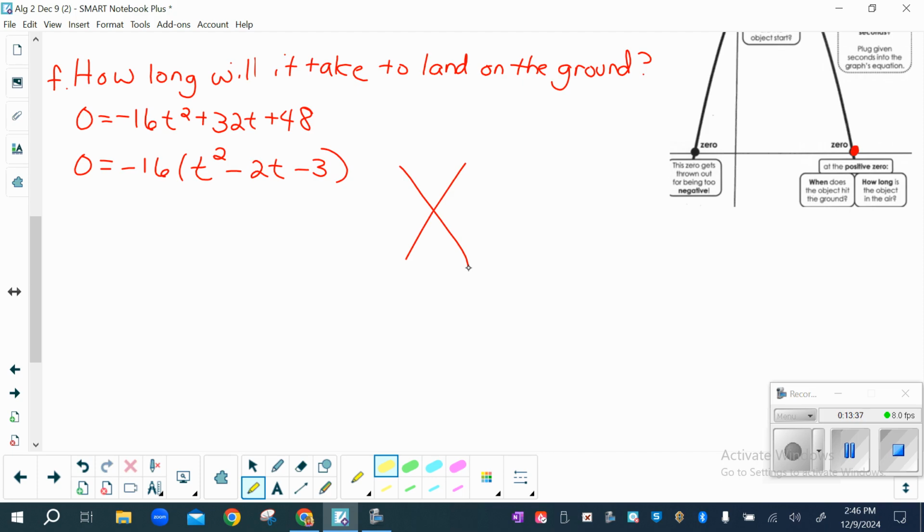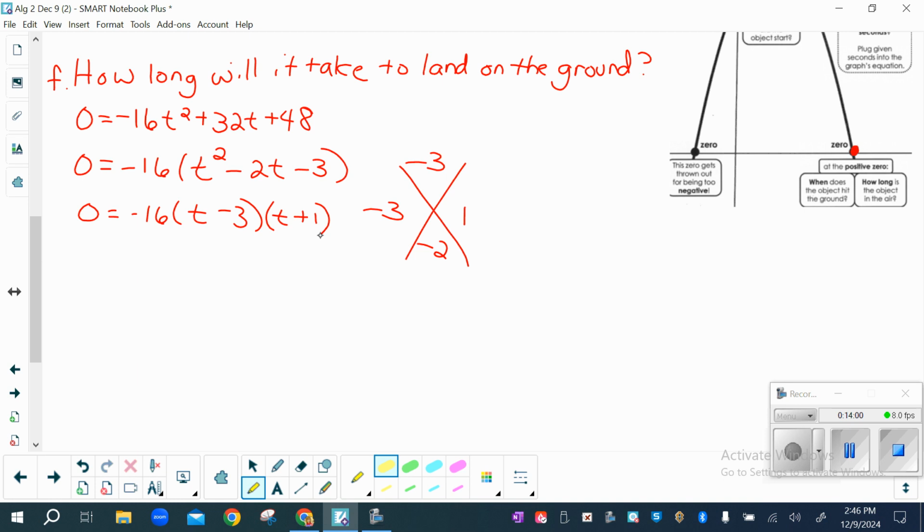What number goes on the bottom? What multiplies to negative 3 that adds to negative 2? Negative 3 and 1. So we have 0 equals negative 16 times t minus 3 times t plus 1.